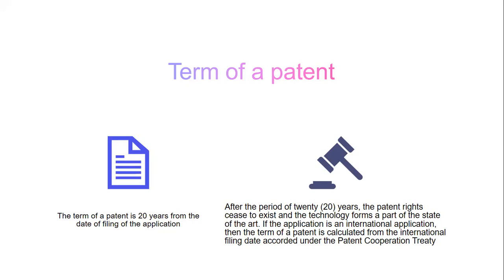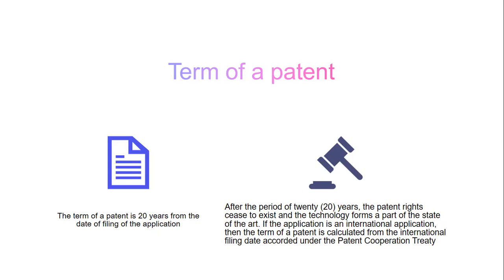And in this case, you have a very important case of Novartis versus Union of India. I'm not sure if you've covered it in section 3D or not, but certain pharma companies try to make minor modifications to the patent and file a new patent application. Whenever their patent is about to expire, they will make minor modifications which are not bringing out any important effect, and they will file a new patent application just to extend the patent rights.